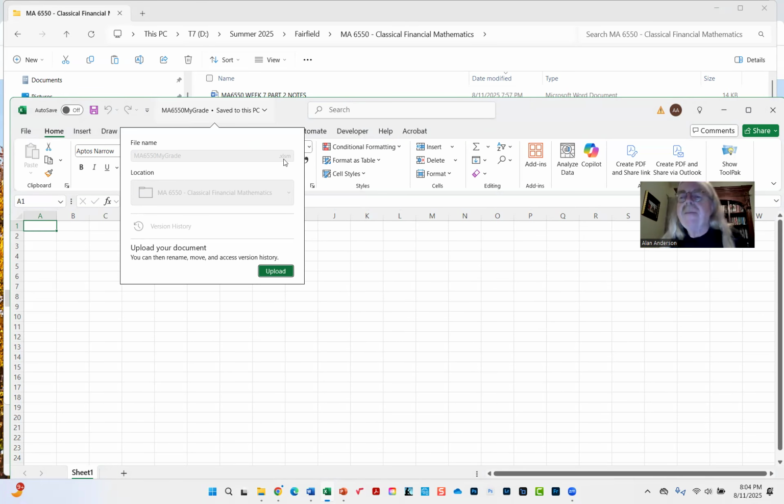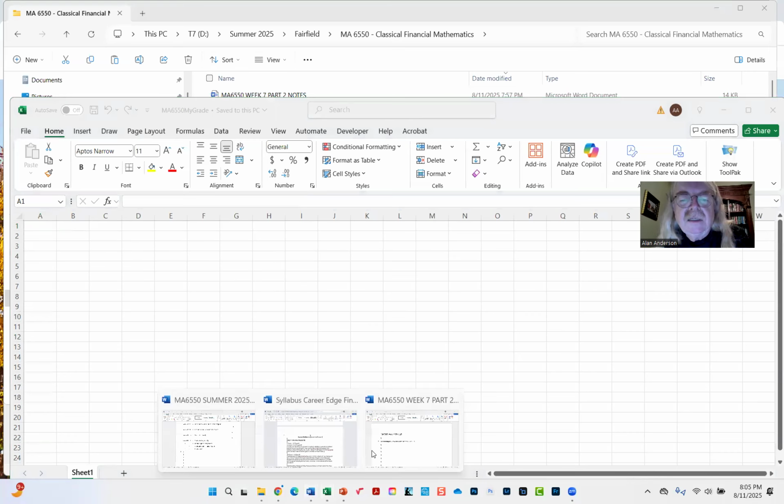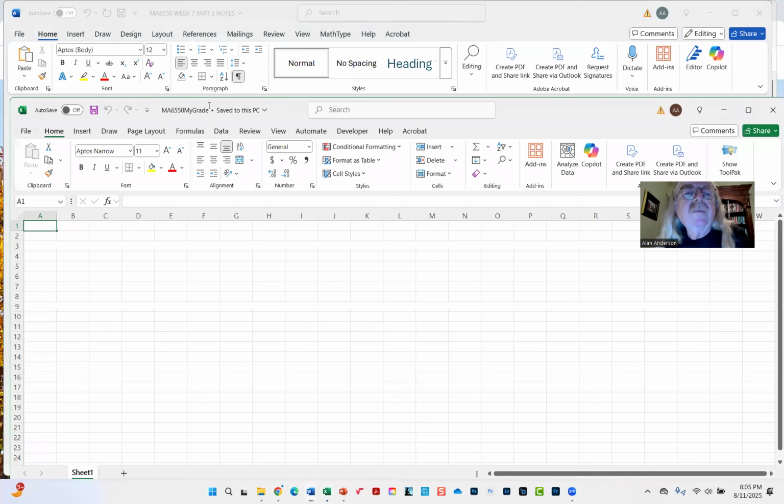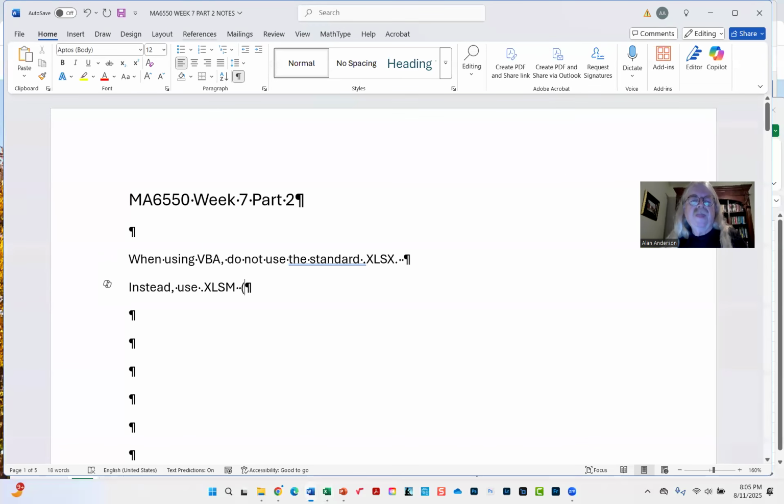XLSM, M for macro enabled, and once again, that stands for macro enabled workbook.